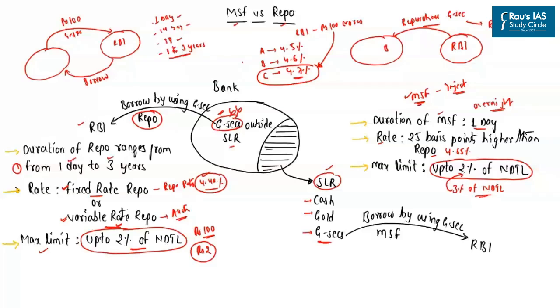Since the bank does not have a government security outside SLR, the bank will use a government security which is part of SLR in order to borrow money from the Reserve Bank of India. So one of the most important differences between repo and MSF is, in case of repo, the banks use government securities which are outside SLR, whereas in case of MSF, the banks are eligible to use the government securities which are part of SLR.